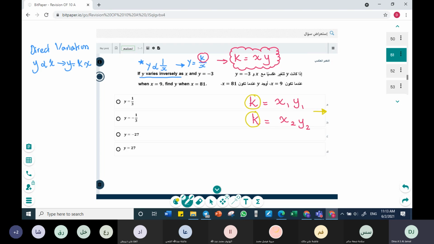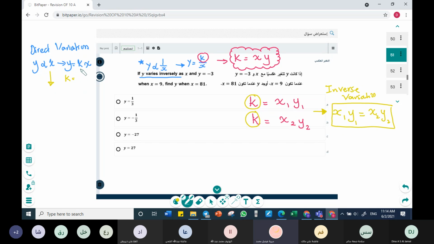With this, I return to the relation of the inverse variation: x1 y1 equals x2 y2. Excellent. So this is the relationship for the inverse variation. What about the direct variation? K will be equal to what?